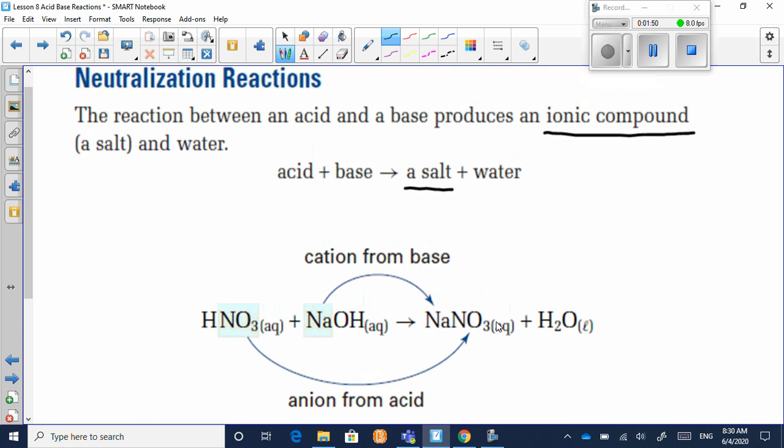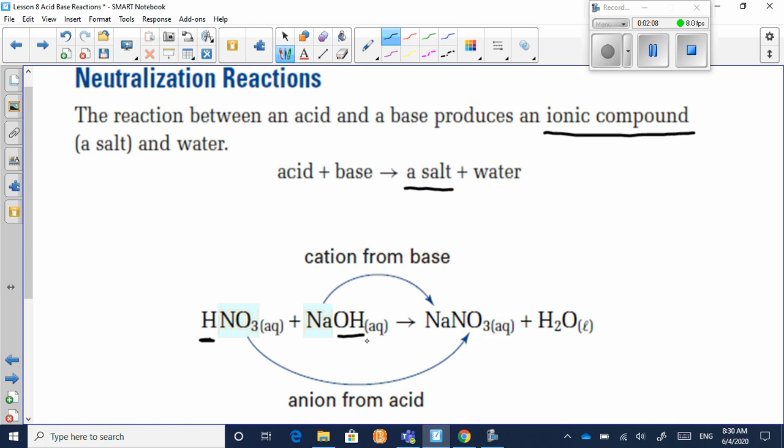So this is what we saw in Unit 2, an acid plus a base. And remember that an acid is a compound that starts with a hydrogen, and a base is a compound that has a hydroxide.